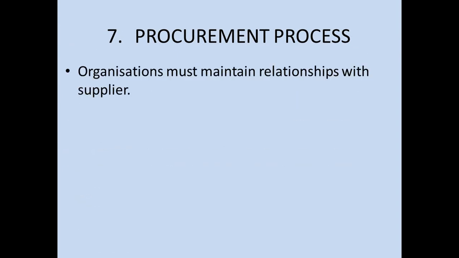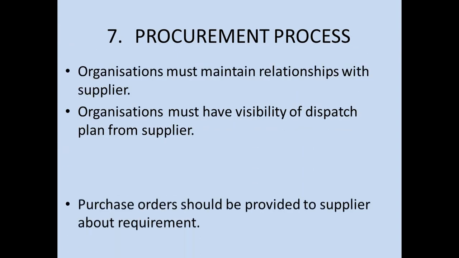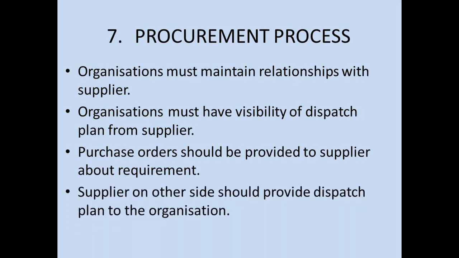Procurement process. Ultimately, the raw materials should reach the manufacturing plant. For that, the organization must have a relationship with the supplier, with straightforward communication on a day-to-day basis. Organization must have visibility of the dispatch plan from the supplier.